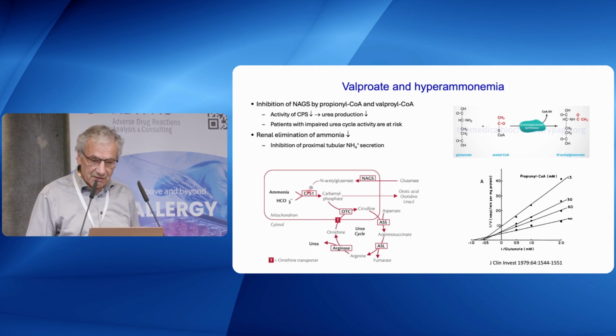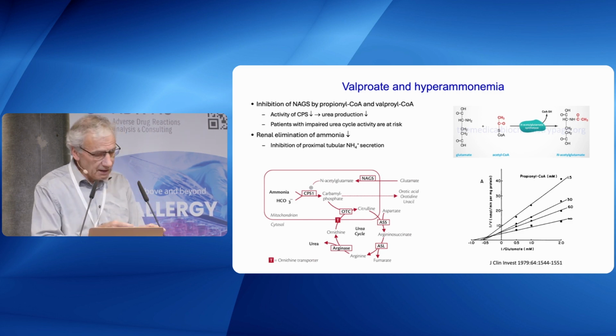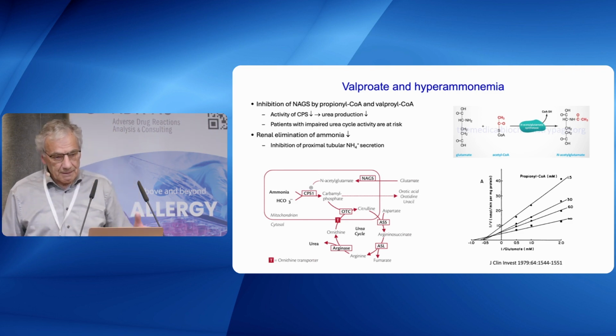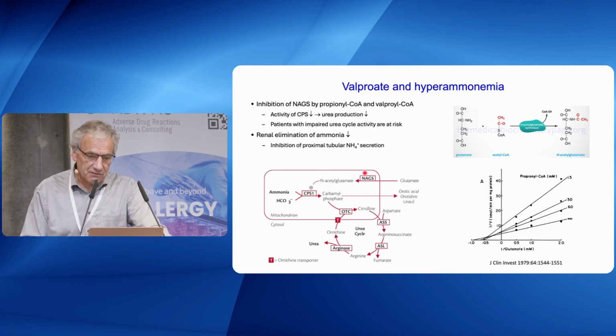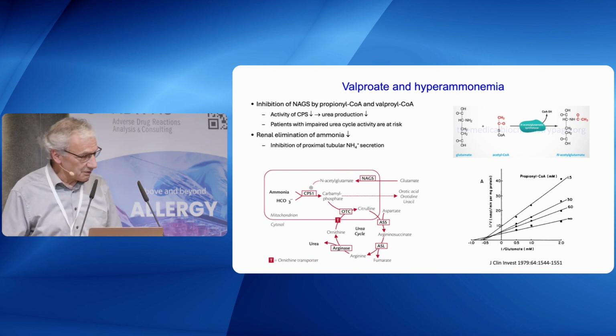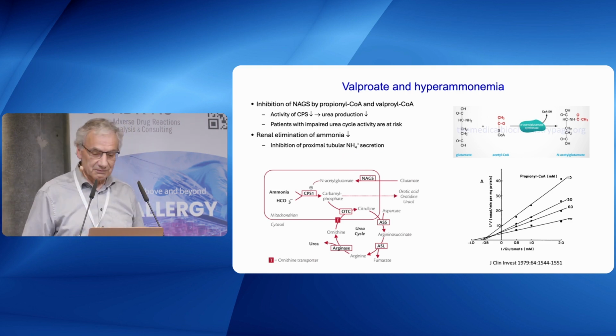And this enzyme is regulated by N-acetylglutamate, so glutamate, which is N-acetylated, and which activates the enzyme. And the enzyme which is forming N-acetylglutamate is NAGS, N-acetylglutamate synthetase. I know that very well. My first PhD thesis was the isolation of this enzyme from human liver.